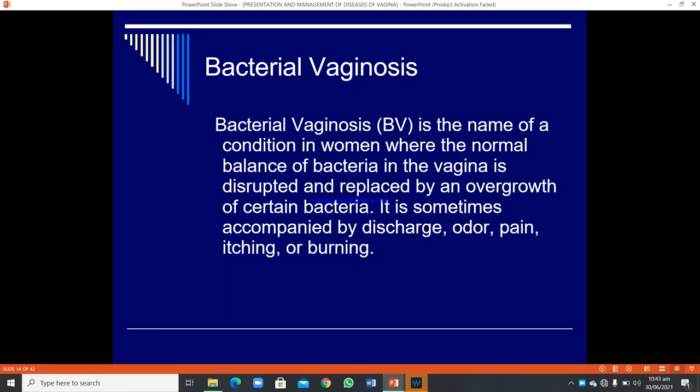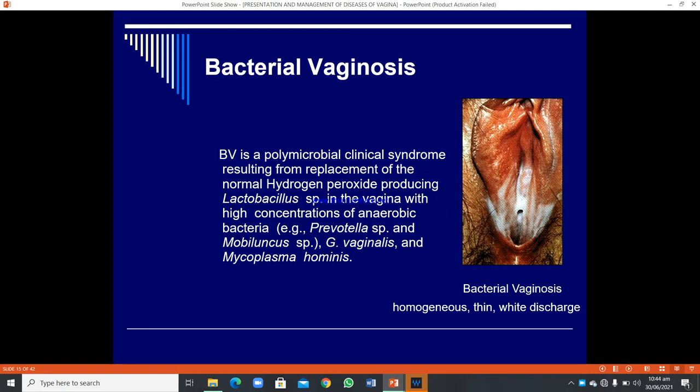Bacterial vaginosis, BV, is the name of a condition in women where the normal balance of the bacteria in the vagina is disrupted and replaced by an overgrowth of certain bacteria. It is sometimes accompanied by discharge, odor, pain, itching, or burning. Bacterial vaginosis: homogeneous thin white discharge, as you can see in this picture.